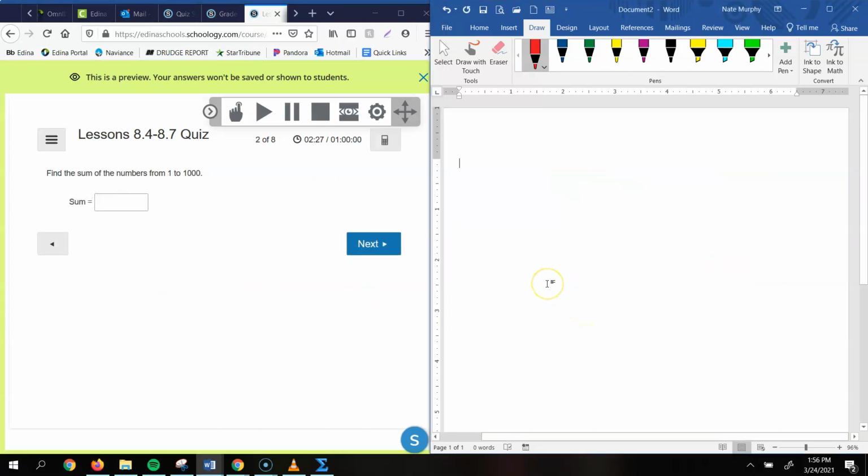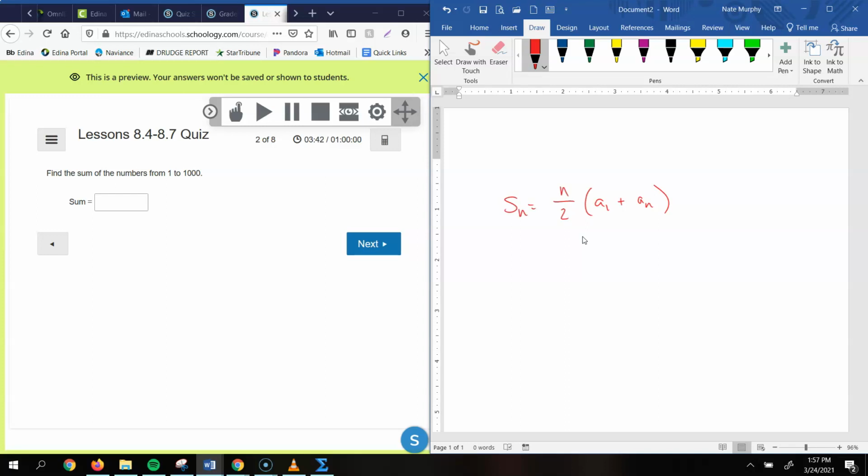Alright, so for this one it says find the sum of the numbers from 1 to 1,000. This is an arithmetic series. Remember, for an arithmetic series, if we know the first term and the last term, and the number of terms, we would take the number of terms divided by 2 times your first term plus your last term.